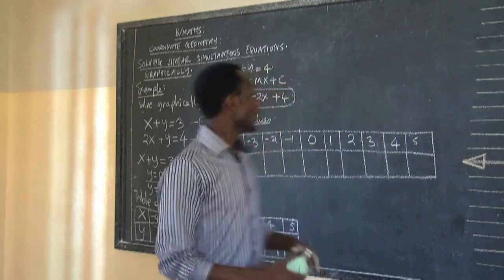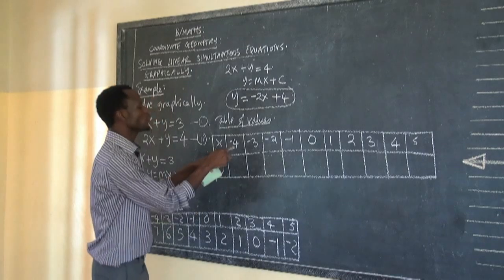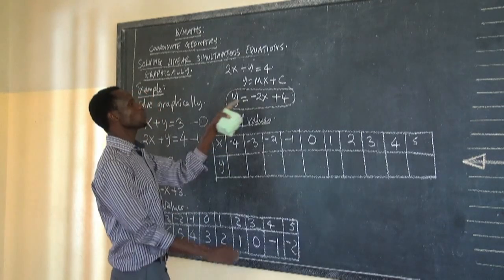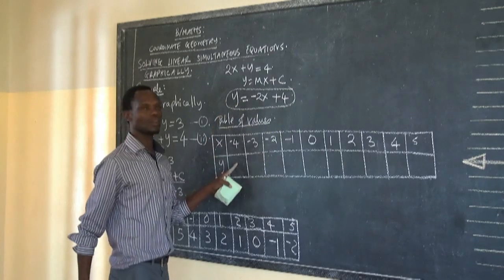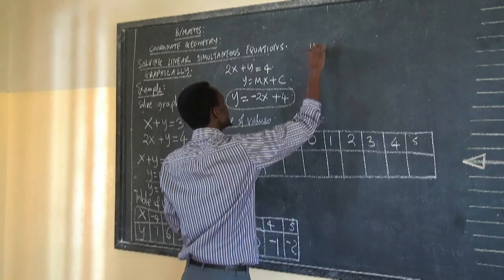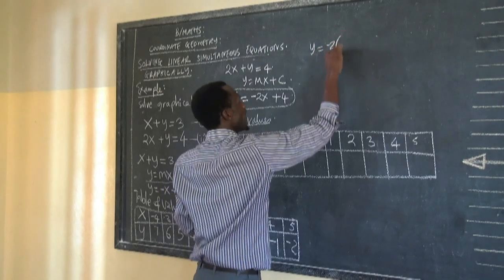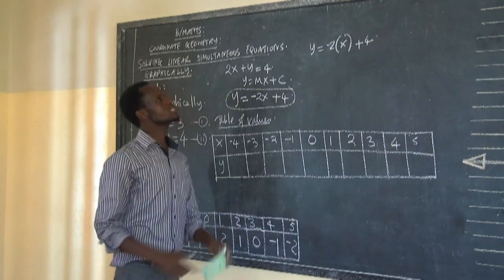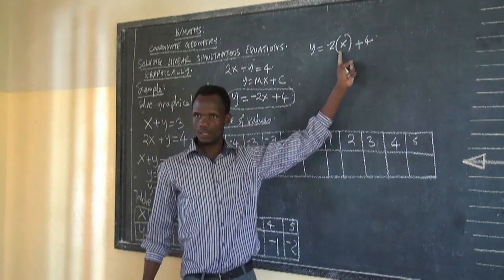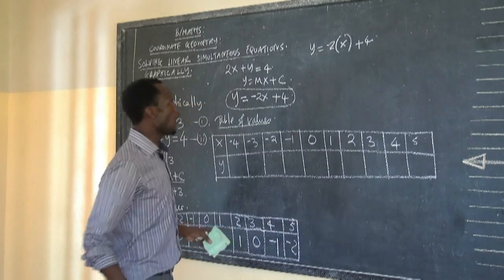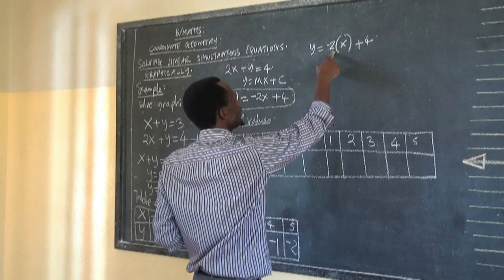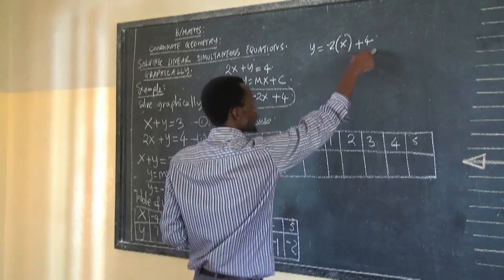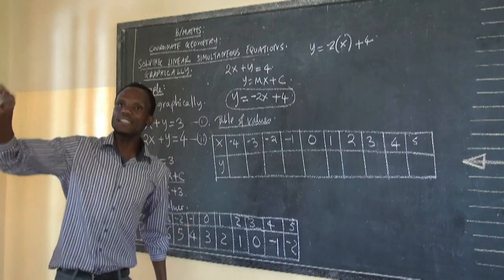So what if x is equal to negative 4, from this equation? y is equal to negative 2, in bracket x plus 4. This is how I can illustrate.